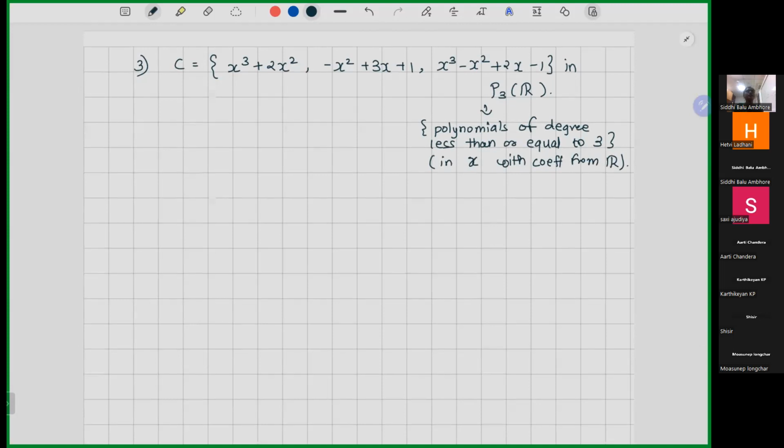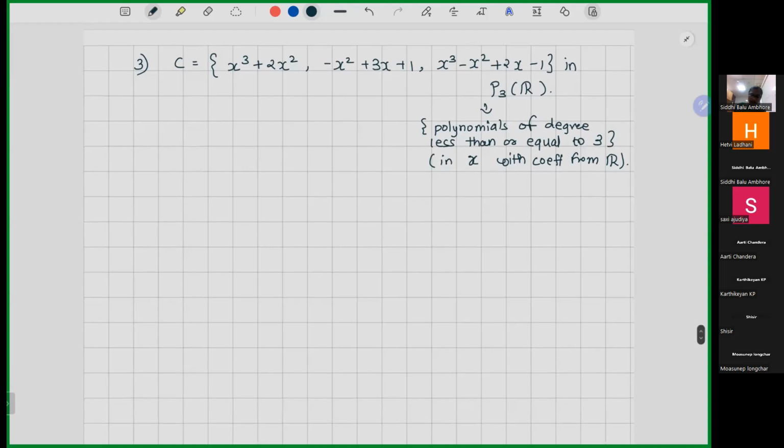So we want to check whether this C is linearly independent or whether it is dependent. So we will again start with the linear combination. Let us write a into x square plus x cube plus 2x square, plus b into this element, minus x square plus 3x plus 1, plus c into x cube minus x square plus 2x minus 1, and is equal to 0.